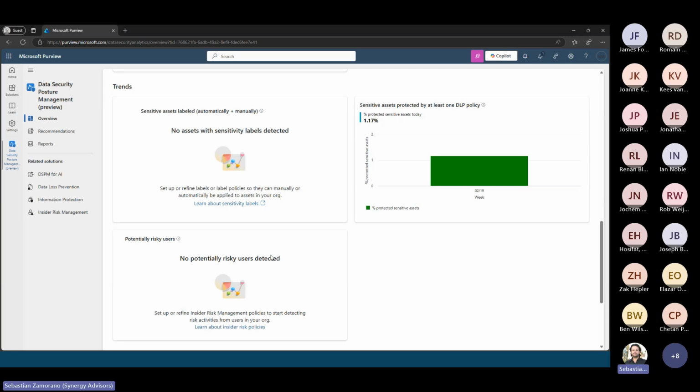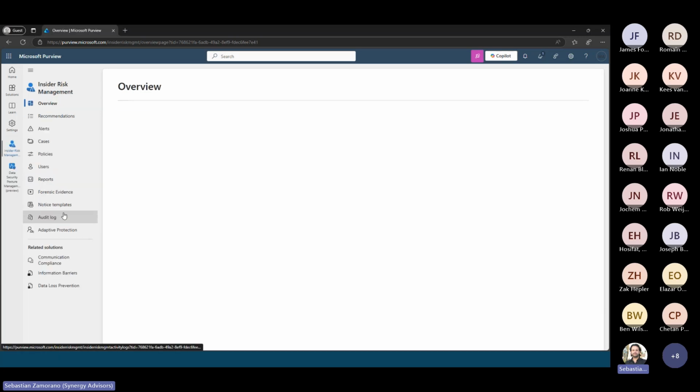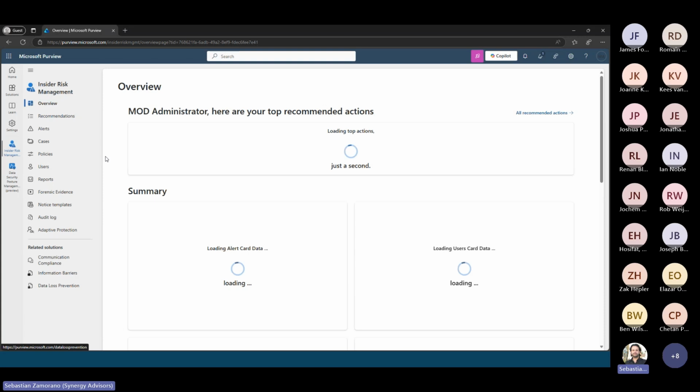Yes, James, before we finish, James is asking about turning on the adaptive protection, and this is one of the new environments. We will see that the policies are created in simulation mode, or if it's turned on, there is a policy that is created turned on.